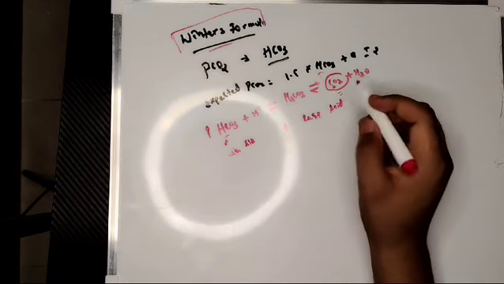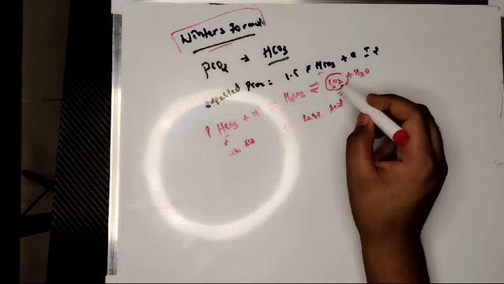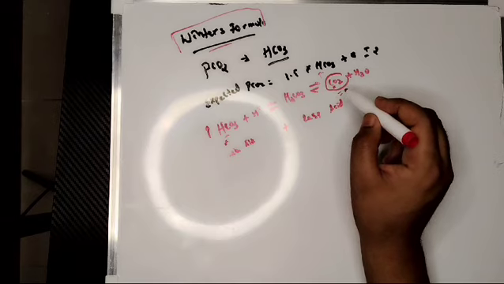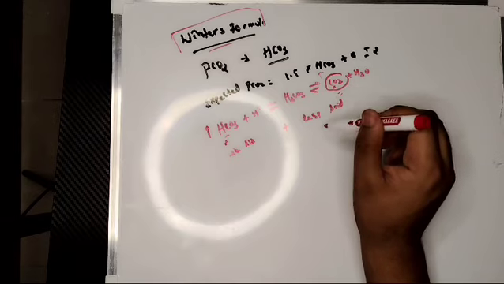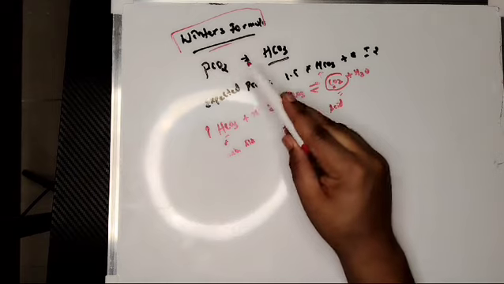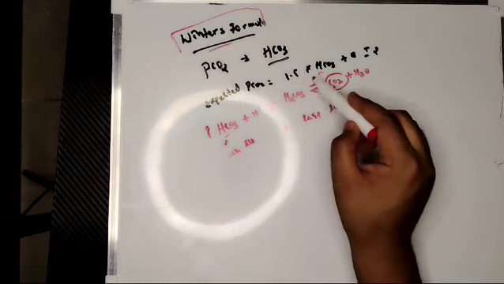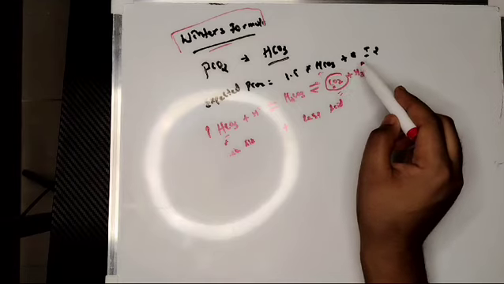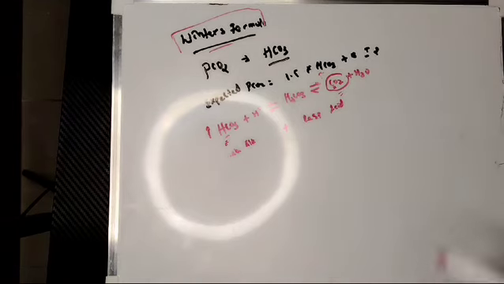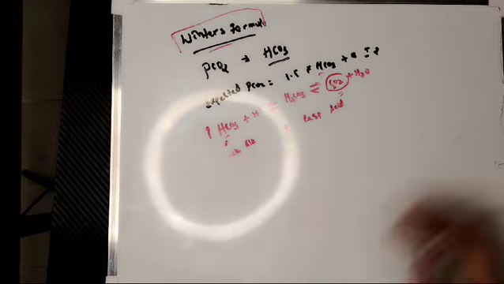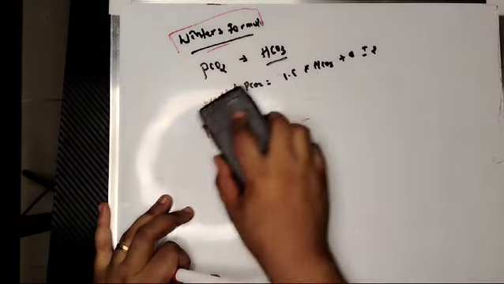So in order to see if the level of carbon dioxide that we see is a true compensatory increase in carbon dioxide, we use the Winter's formula, which states that the expected PCO2 is 1.5 times the bicarb plus 8 plus or minus 2. So to see this, we will take one example.